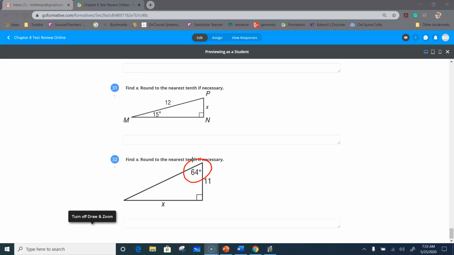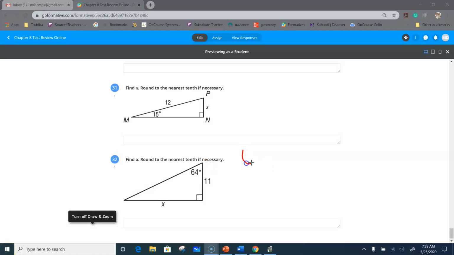We have 64 and we don't have a hypotenuse, so that means we have the opposite and the adjacent. So when I have the opposite and the adjacent, I'm using tangent, SOHCAHTOA. So we're going to write our true statement.